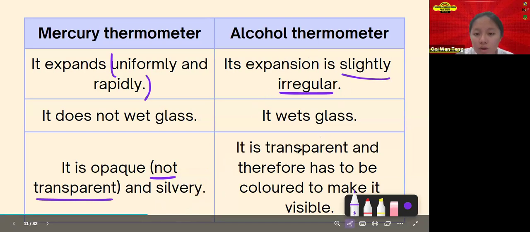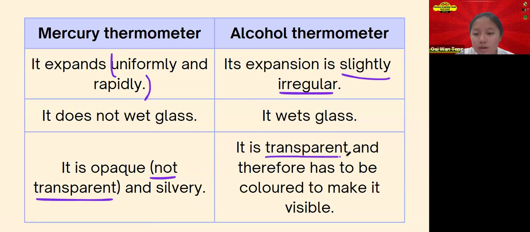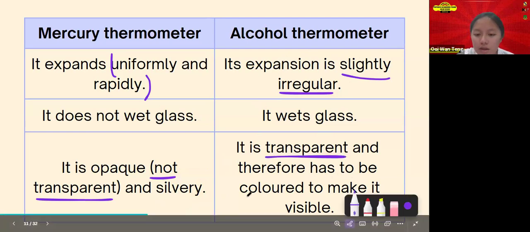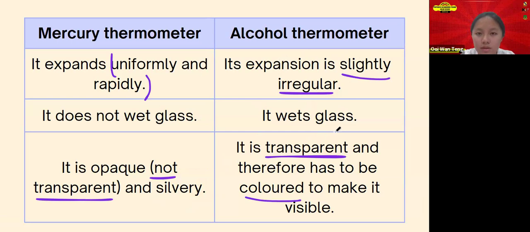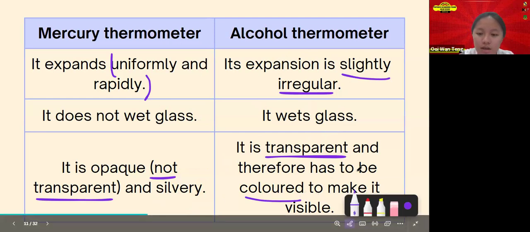And for alcohol thermometer, it is transparent, and therefore the alcohol has to be colored to make it visible. For example, sometimes the alcohol inside the thermometer is red in color. It means that the alcohol has been colored.